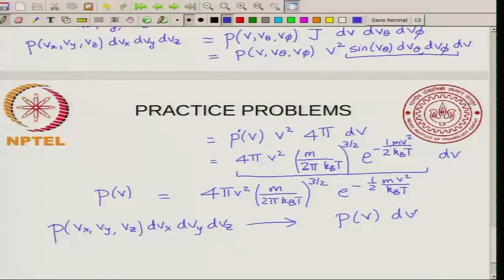This is what gives you the Maxwell-Boltzmann distribution of speeds. So, this p of v is given by this quantity.